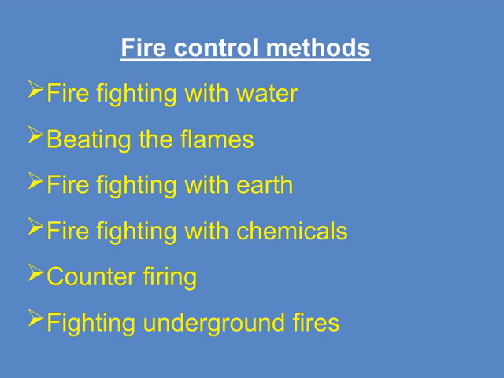Techniques include using water or chemicals to extinguish the fire, but often it requires specialized equipment and careful monitoring to prevent reignition or explosions. Understanding these various methods helps us appreciate the complexity of firefighting and highlights the importance of choosing the right approach based on the specific fire scenario.